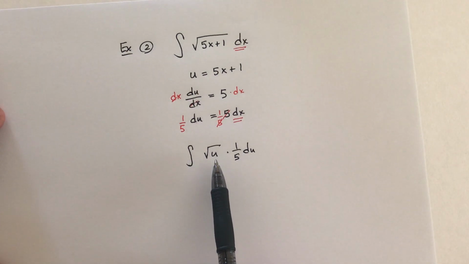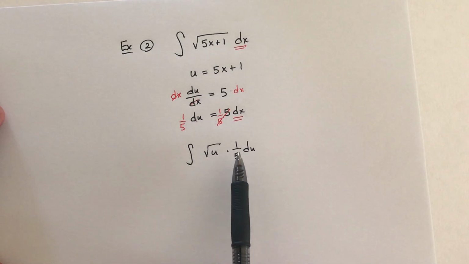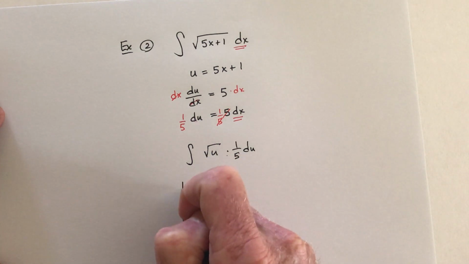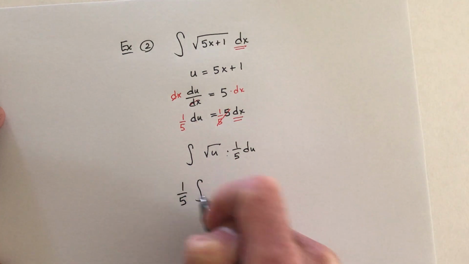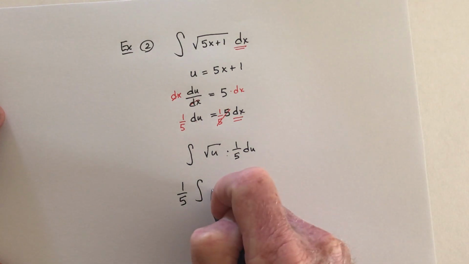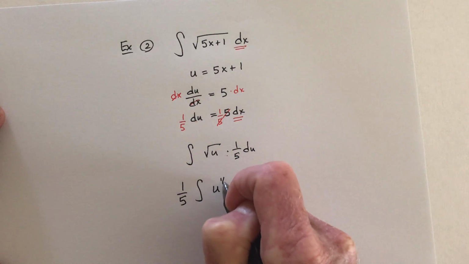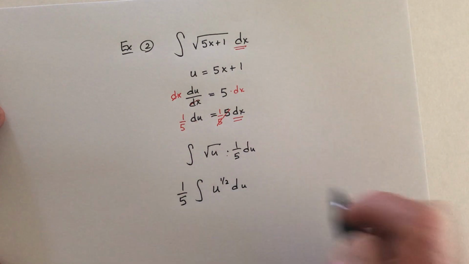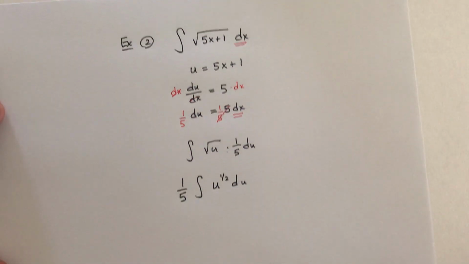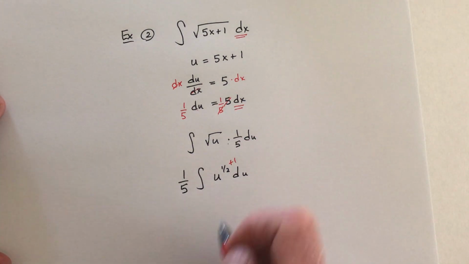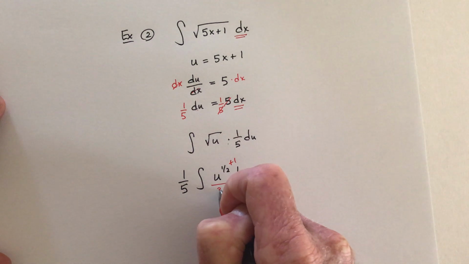Now, before I find the antiderivative, I'm going to do two things. One, this is a constant that's being multiplied, so that means I could factor it out. The other thing is with u to the square root, you can rewrite that as u to the 1/2. And then do the antiderivative. So add 1, which is going to be 3/2, and divide by 3/2.